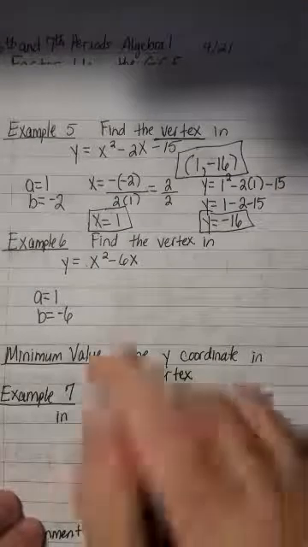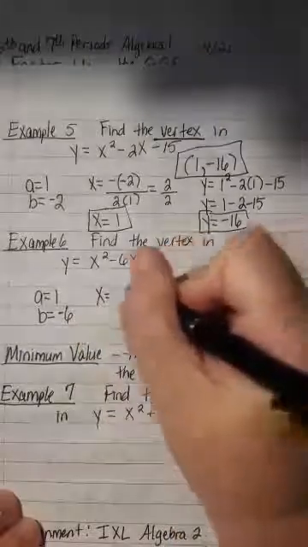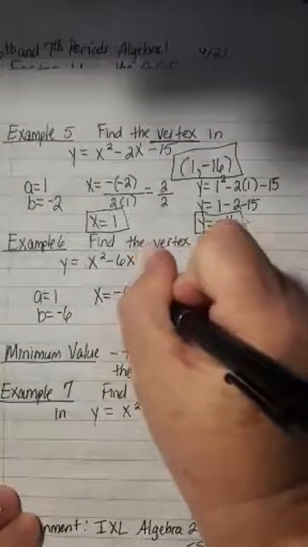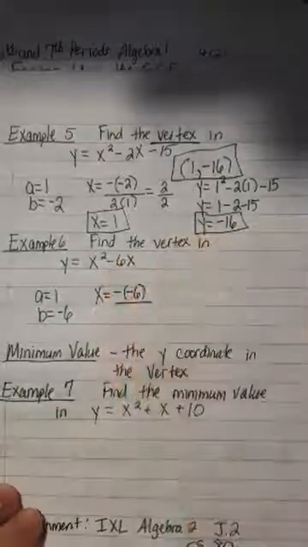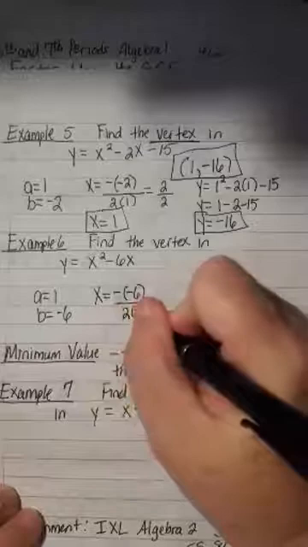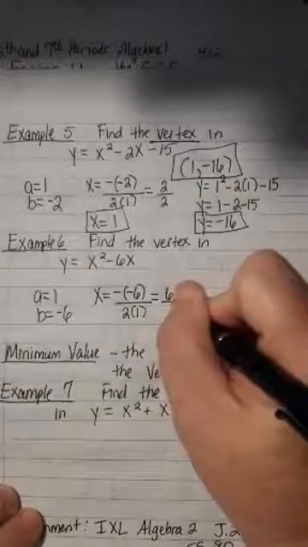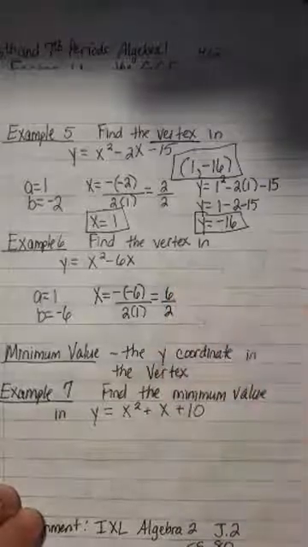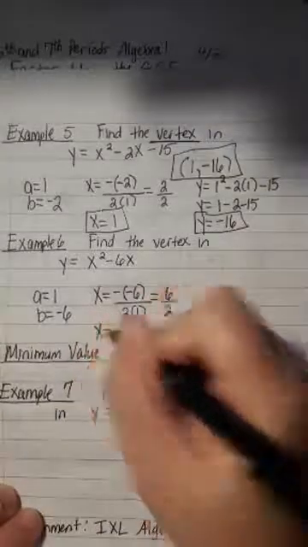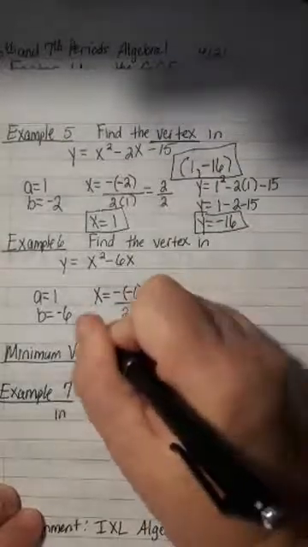And so to find your x coordinate, it's going to be x equals negative b, which is negative 6, over 2 times a, which is 2 times 1, which is going to end up being positive 6 over 2. So we're going to get x equals 6 divided by 2, which is 3.